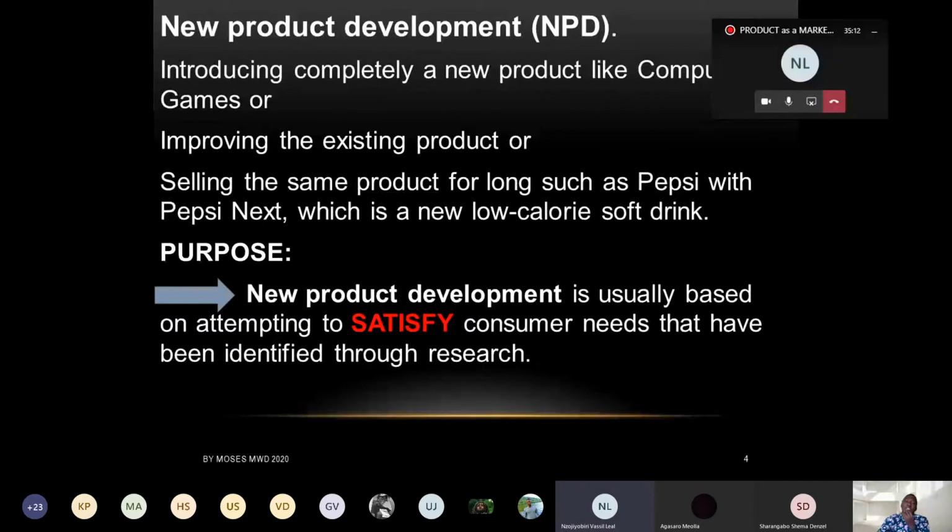In product development, yes, you can consider consumer ideas, because you should improve based on what they like. Very good. Yeah, so let us write down these points.